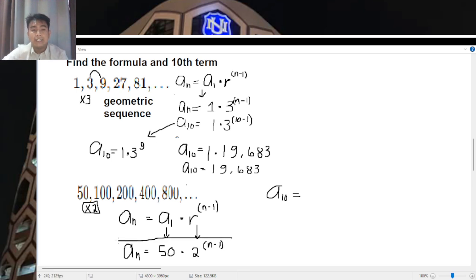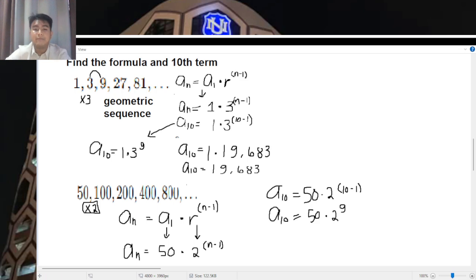Okay, replacing n by 10. We're going to replace the term by 10. It's going to be 50 times 2 to the power 10 minus 1. There you go. Okay, and of course, simplify. The 10th term is equal to 50 times 2 raised to 9. 10 minus 1 equals 9.